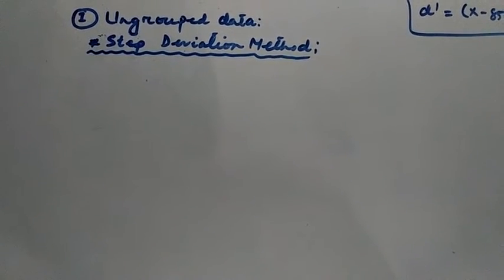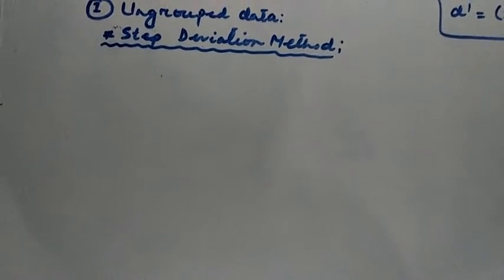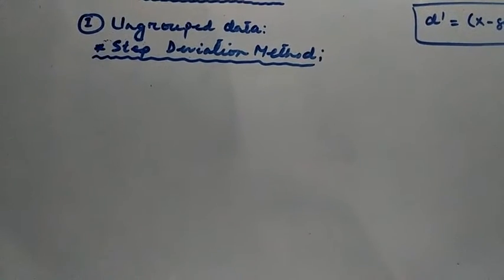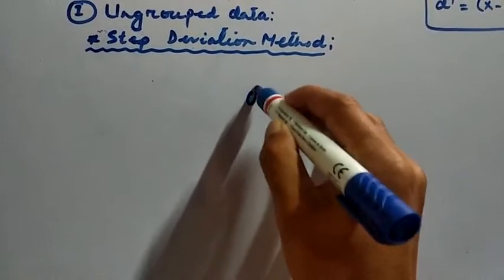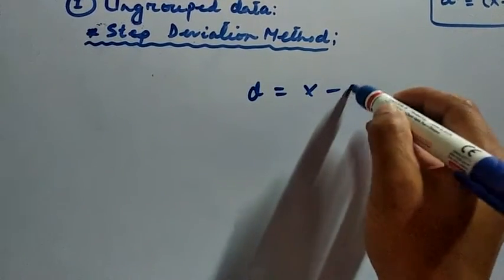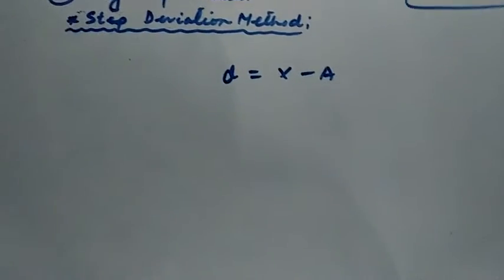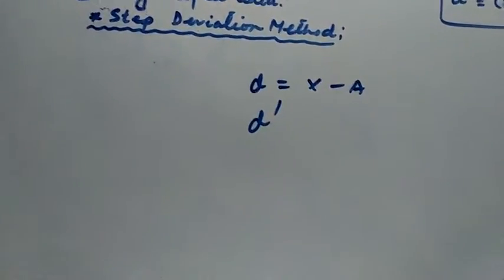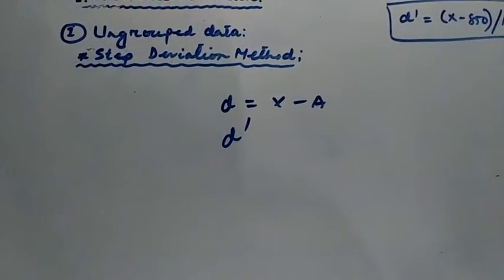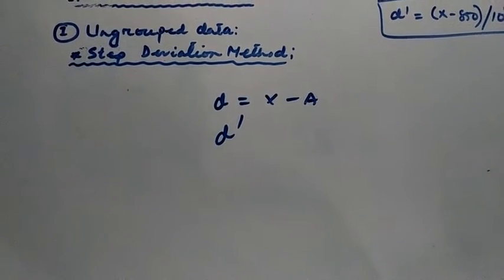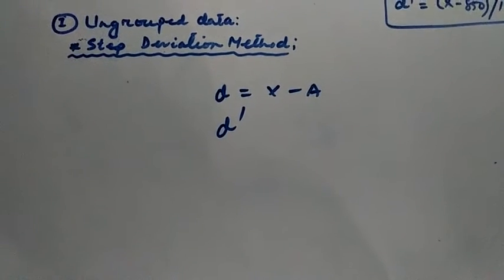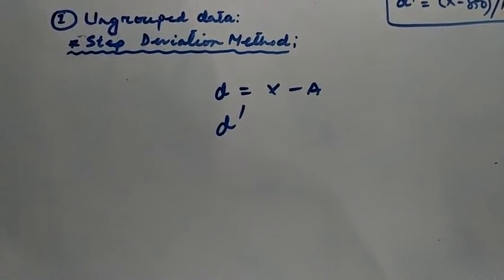So why are we doing this? The objective is to avoid large numerical figures. Suppose d equals x minus A is very large. If the deviation d is very large and you want to make it simpler, then find d dash.